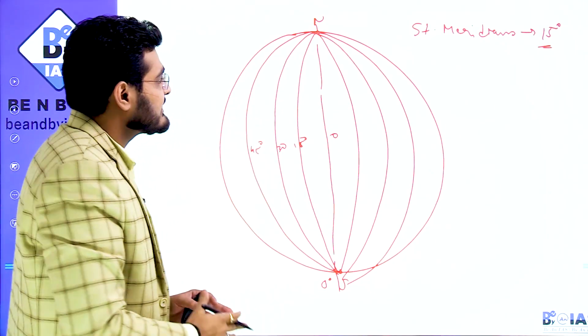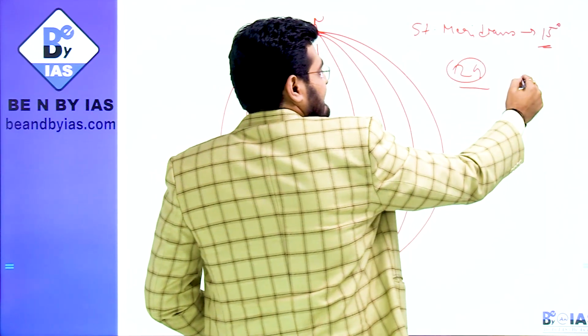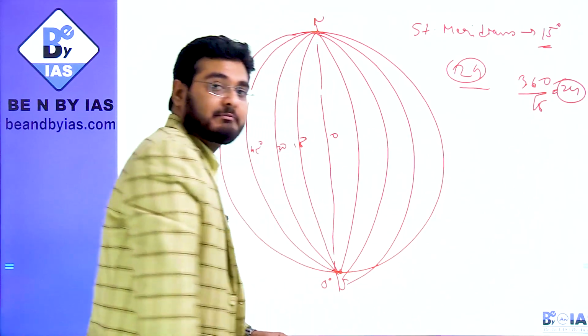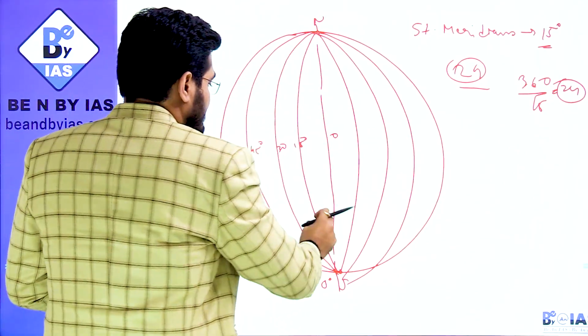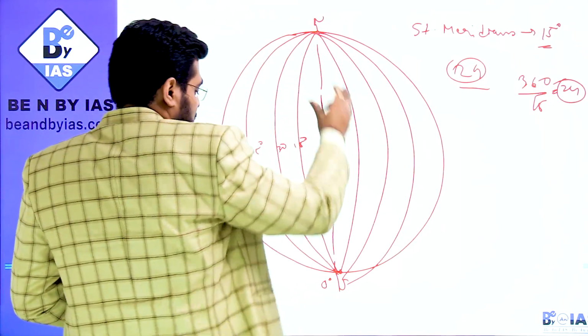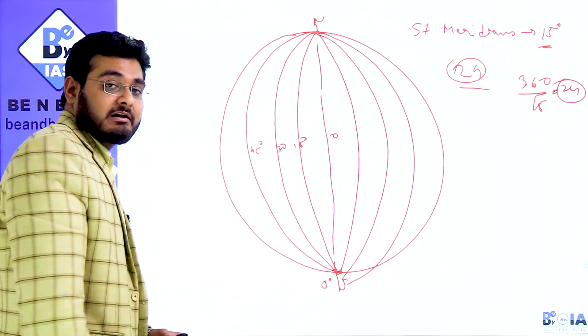There are a total of 24 standard meridians, that is 360 divided by 15, which is 24. So this is what I've told you about the prime meridian and the standard meridians, and the imaginary lines joined from North to South Pole are your longitudes.